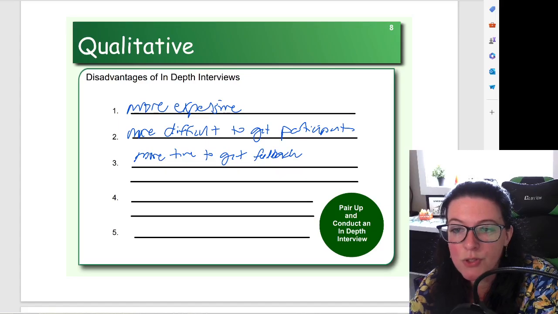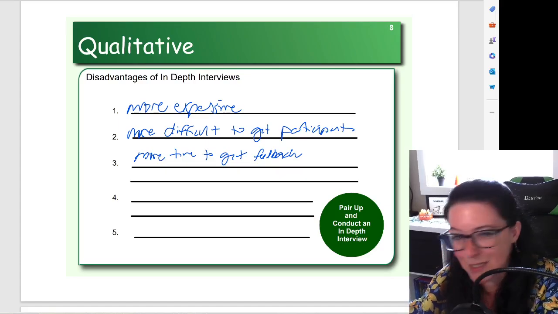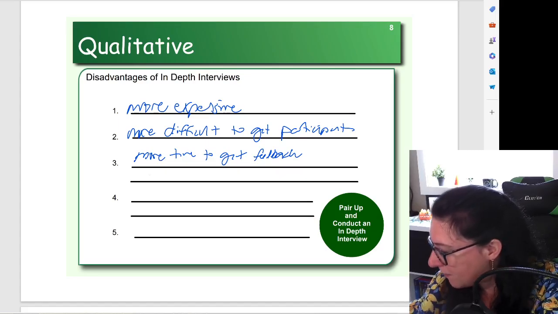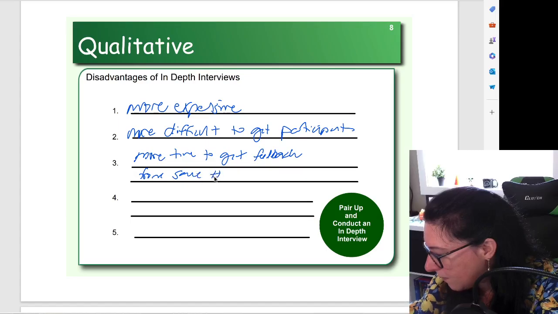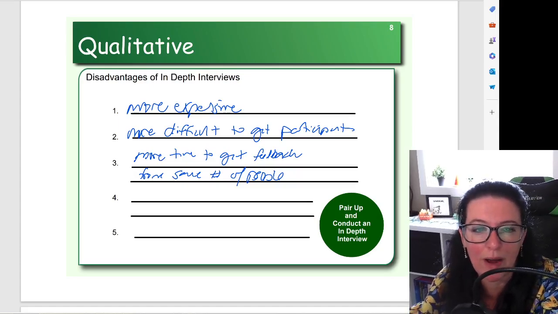But that's because you're doing one person, then the next person, then the next person. So it takes more time to get feedback from the same number of people than, say, a focus group of 12 people would have taken an hour. Now you got to do 12 hours of interviews.